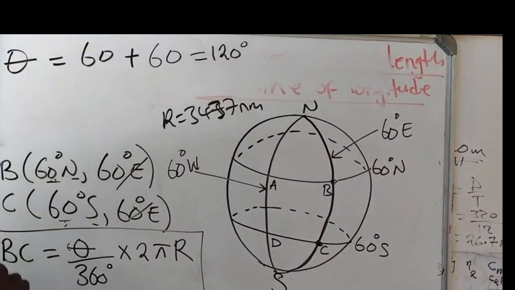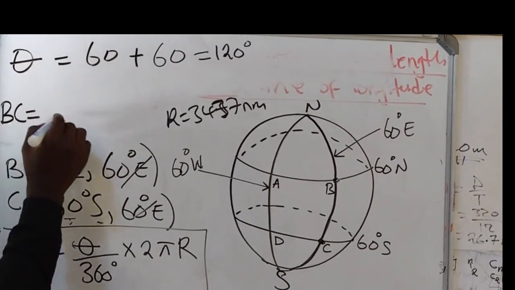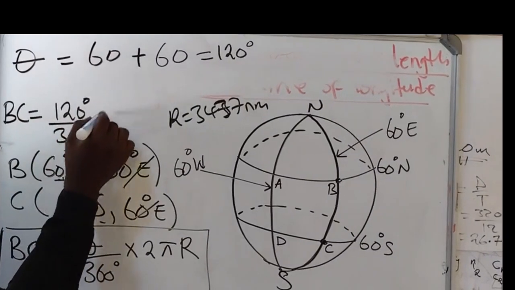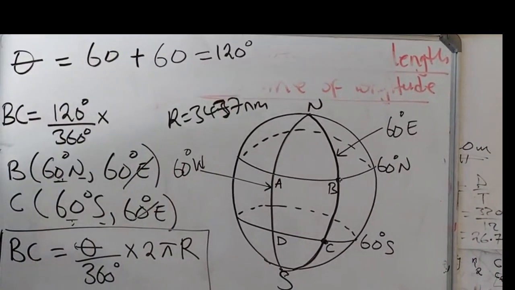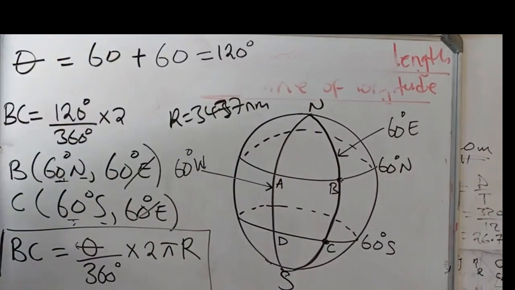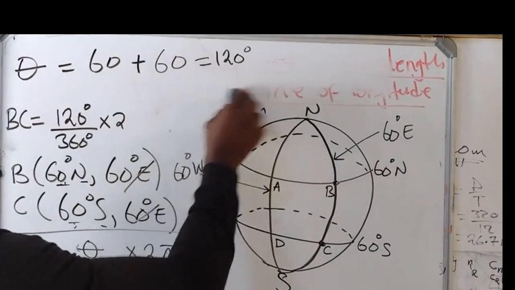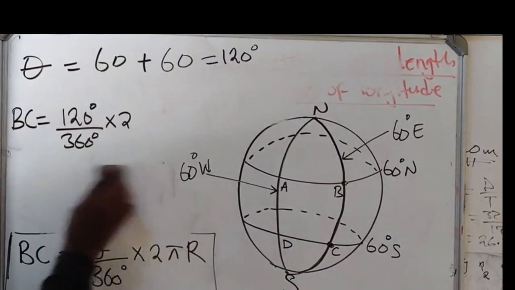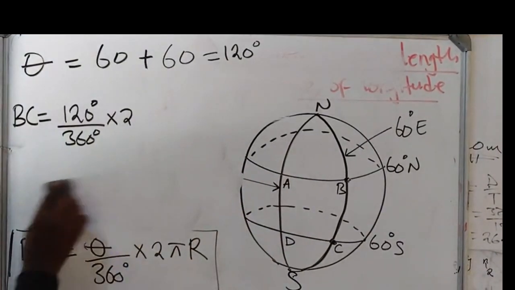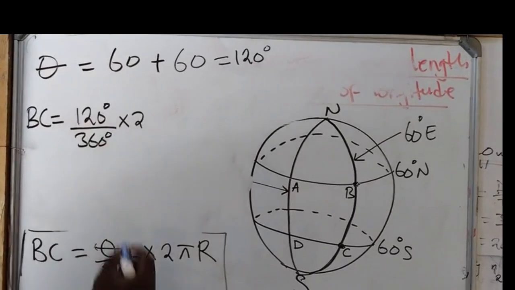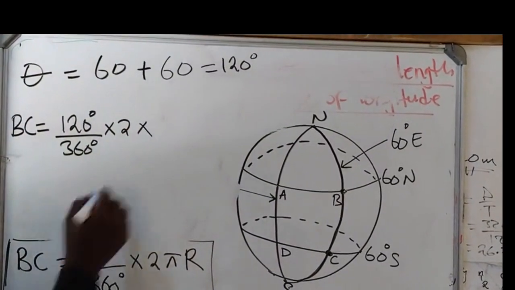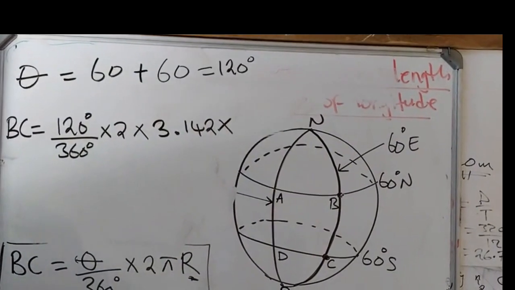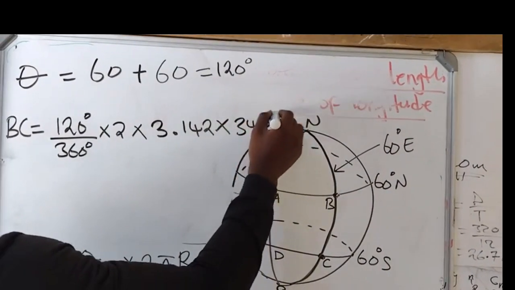Now we substitute into the formula. BC is equal to 120 degrees over 360 degrees times 2 times pi, which they have said should be 3.142, times the radius, 3437.